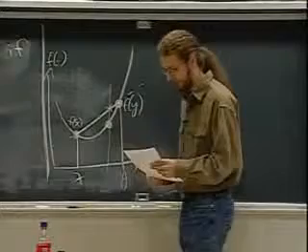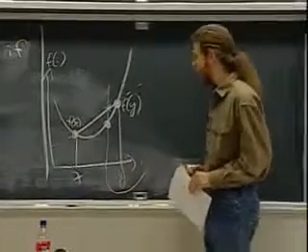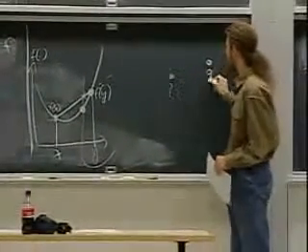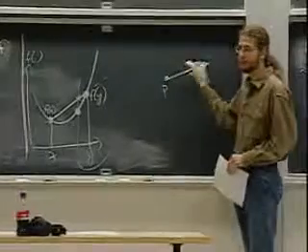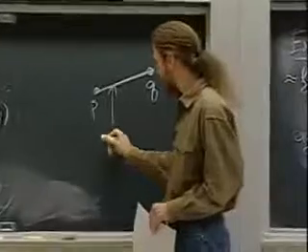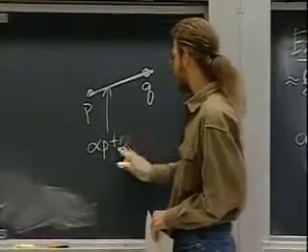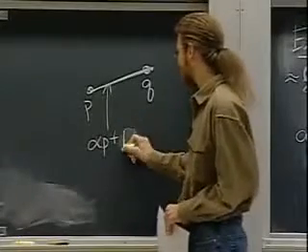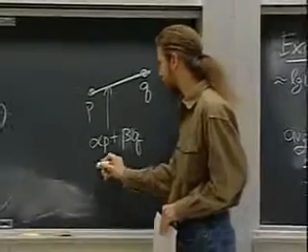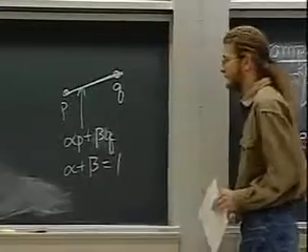I'm sure it's an analysis concept too, but I'm a geometer, so I get to call it geometry. If you have 2 points, P and Q, and you want to parameterize the line segment between them, the way to do it is to take a linear combination. In fact, we're going to take something called an affine combination, where alpha plus beta equals 1.